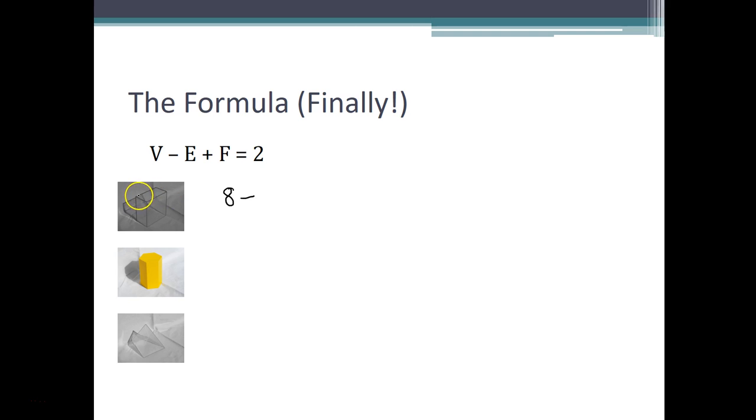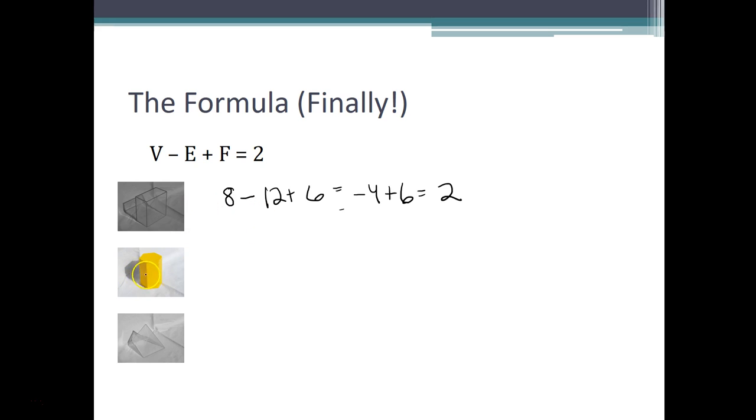This box has 1, 2, 3, 4, 5, 6, 7, 8, 9, 10, 11, 12 edges. And faces, you got top and bottom, front and back, left side, right side. So you get 6 faces. Well, 8 minus 12 is -4, plus 6 is 2. It's always going to come out to 2 for your polyhedron.